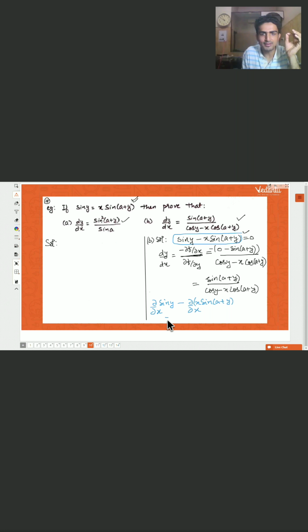When we find partial derivative, only x is now variable, everything else is constant. So just look at it as constant because it does not involve x. If it does not involve x, it is constant. So its derivative will be 0. Okay, now minus.